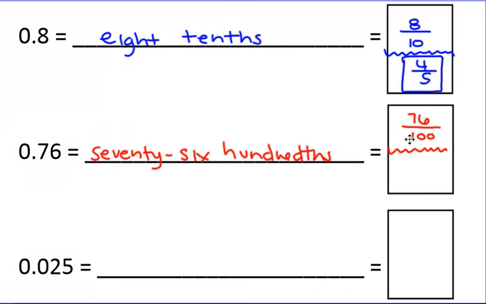So how do I know how to simplify it? Well, find the GCF of the numerator and the denominator. So 76/100. So we'll make a factor tree for both.